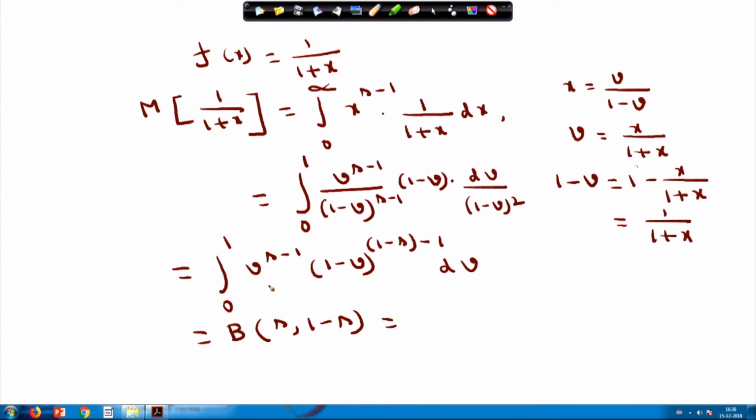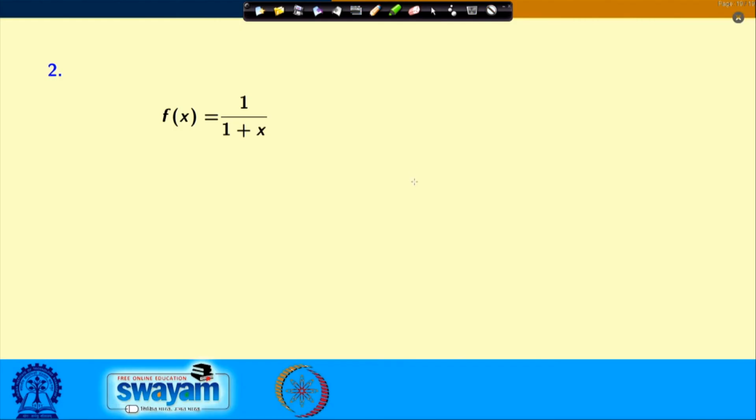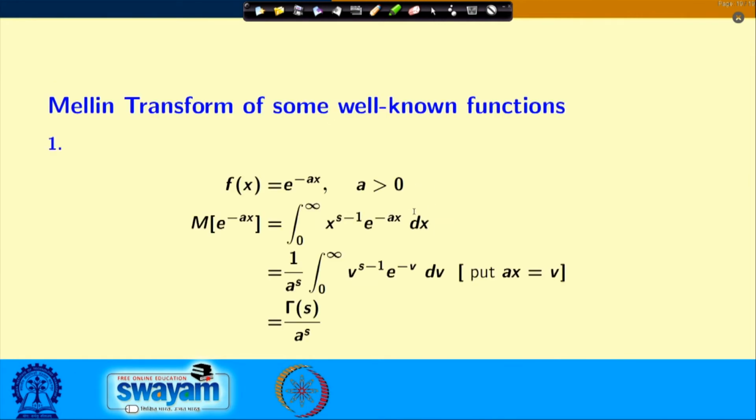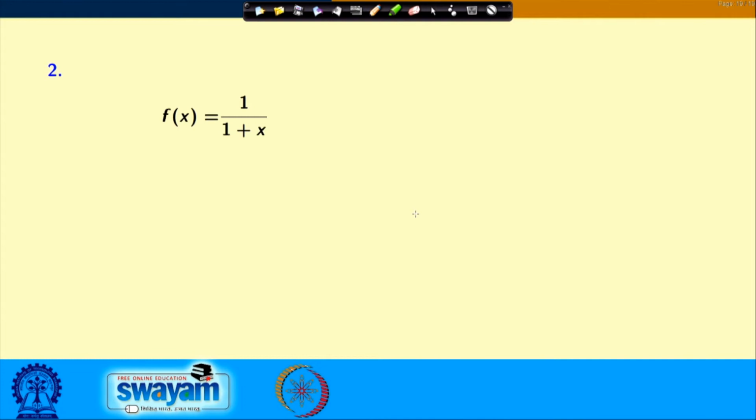The value of this given integral, again known to us, will be equal to beta s comma 1 minus s, and this equals gamma s into gamma 1 minus s, whose results are known again to us. Therefore, the Mellin transform of 1 by 1 plus x is equal to beta s comma 1 minus s, and this equals gamma s into gamma 1 minus s. So, if I see the problem over here, your f x is 1 by 1 plus x.